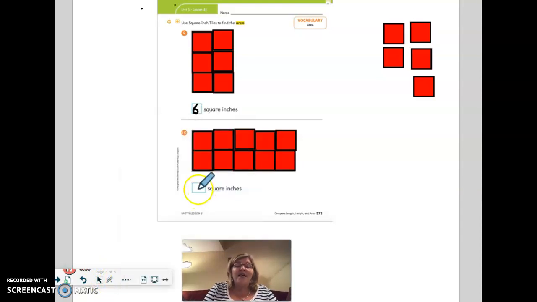So we will say that this rectangle had an area of 10 square inches. Oh, that took more than what I was thinking it was going to take.